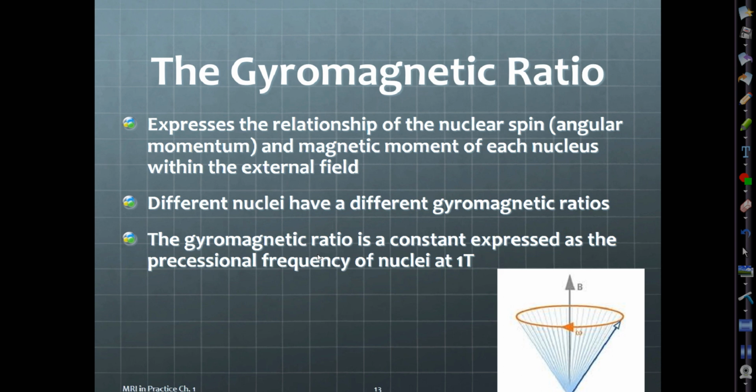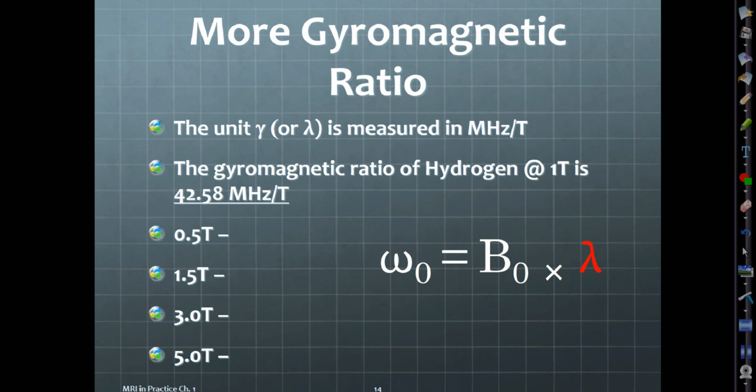So the gyromagnetic ratio for each MR-active nuclei is a constant. And it's expressed as the precessional frequency of that particular nuclei at 1 Tesla. Okay? So the unit of the gyromagnetic ratio, sometimes it's denoted as lambda, is measured in megahertz per Tesla. And that makes sense because, remember, B sub 0 units was Tesla.